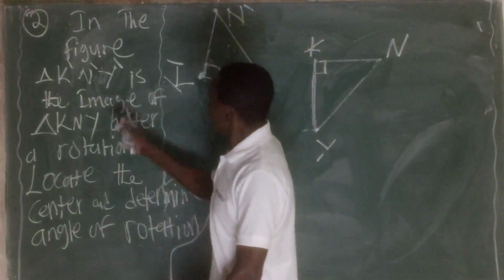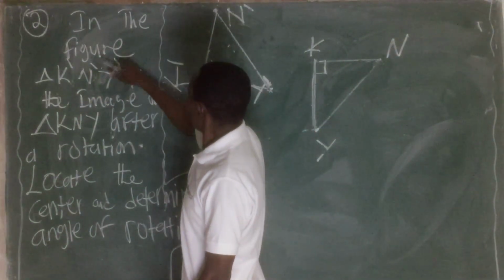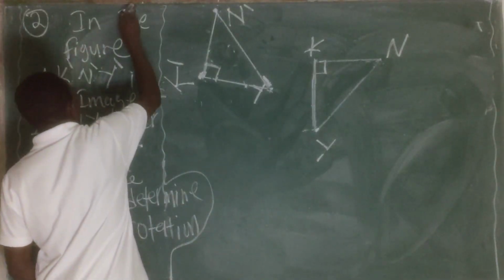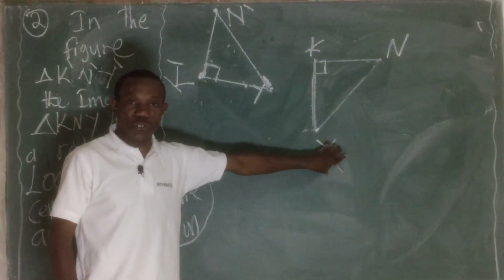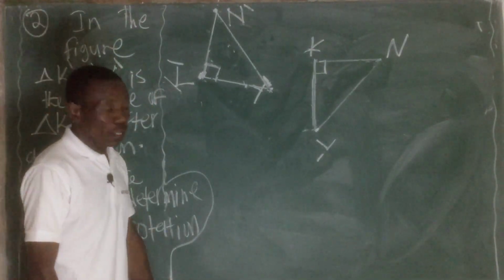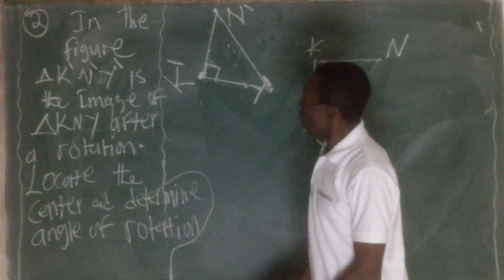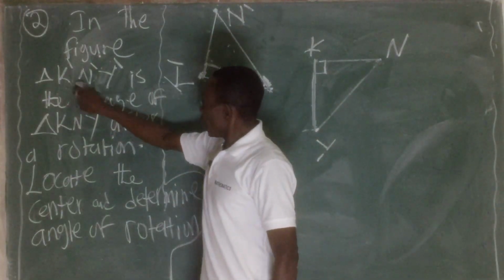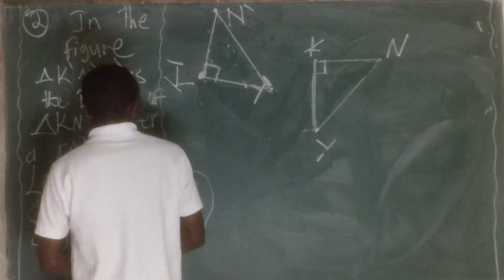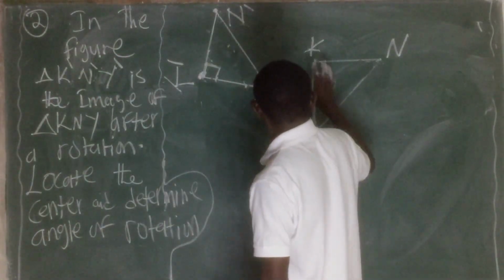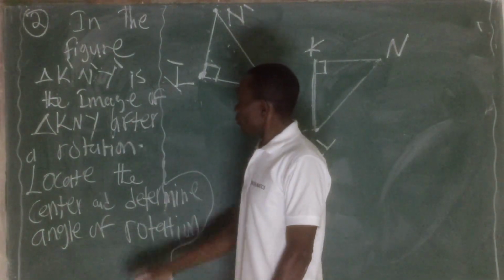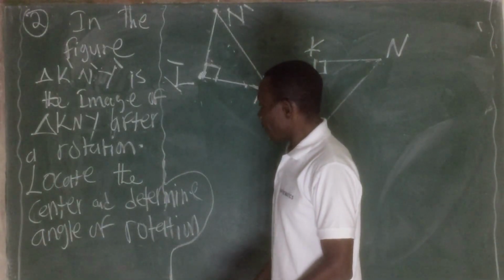In this case, we are trying to consider this figure here. Of course, there are two figures here, right? They say triangle KNY with the primes, considering this one here.